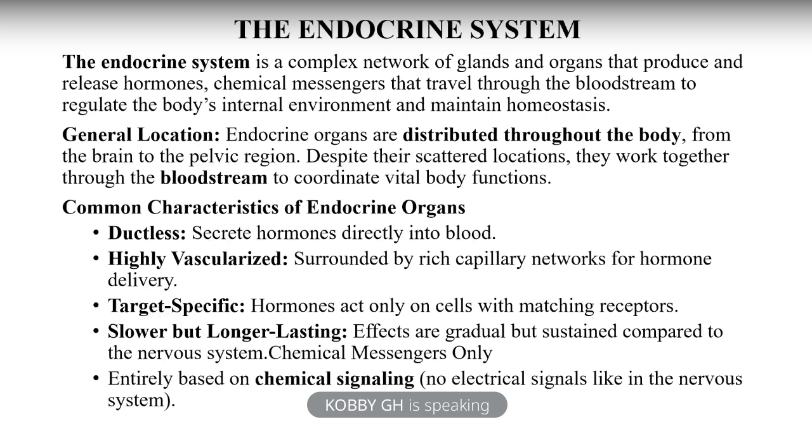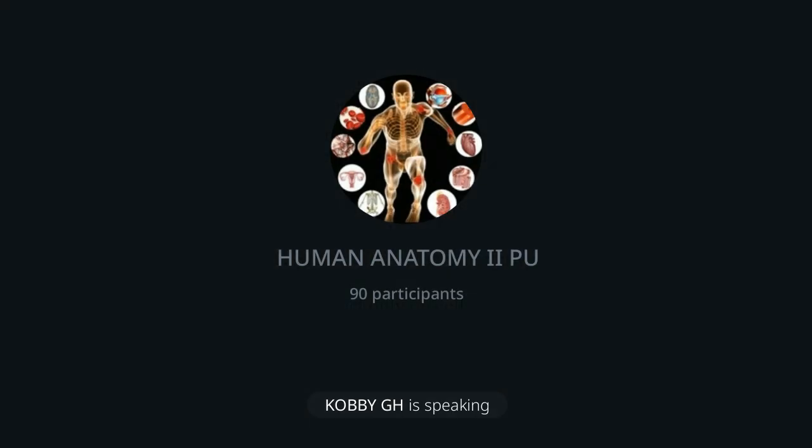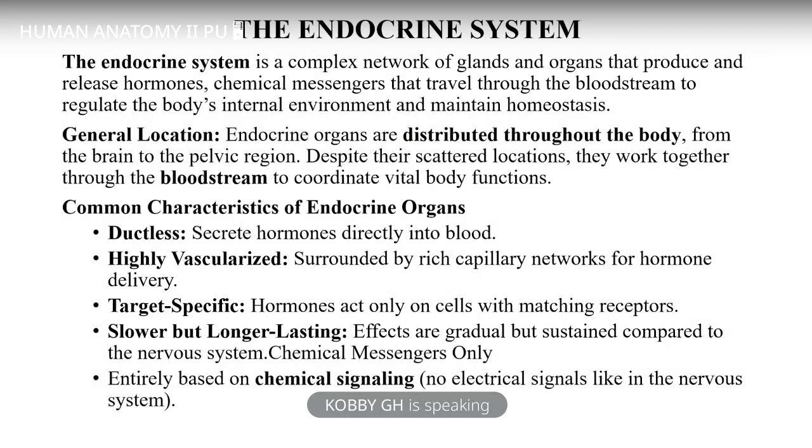And again, highly vascularized means that endocrine organs receive a lot of blood supply. If you want to think of any organ that receives a lot of blood supply, one of them is the endocrine organs. That is why if you are going to do an endocrine surgery, for example a thyroidectomy for a patient with a problem with the thyroid gland, if care is not taken, the patient can bleed and die because endocrine organs are highly vascularized.